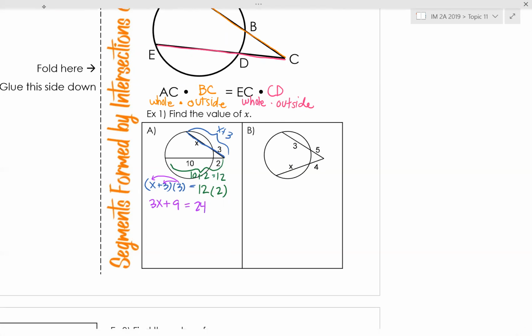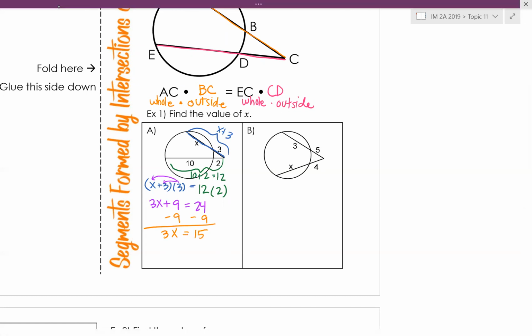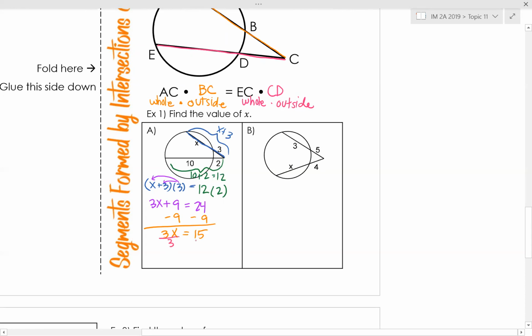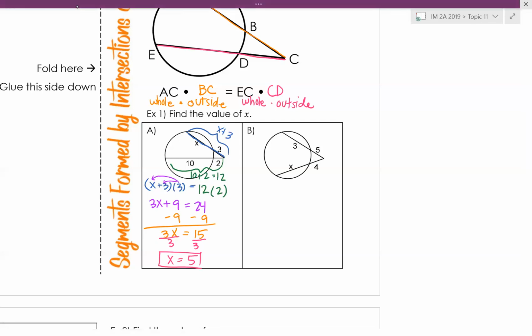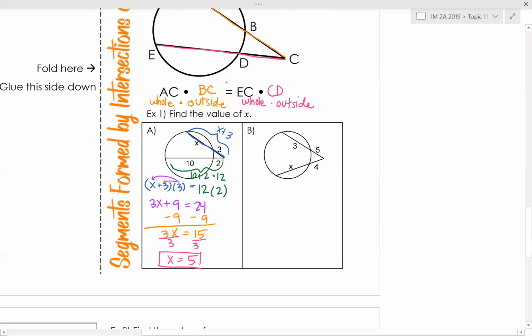So then to solve this, I have to subtract 9 from both sides. So 3x is equal to 15. And then divide both sides by 3. So x is 5. So again, I'm looking at the whole.